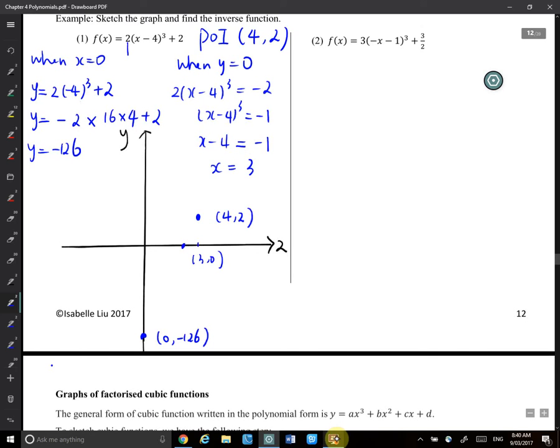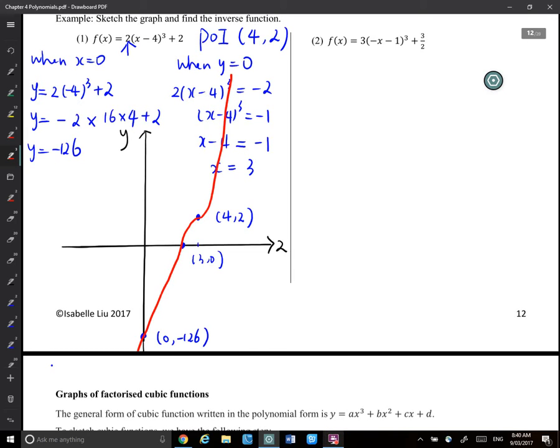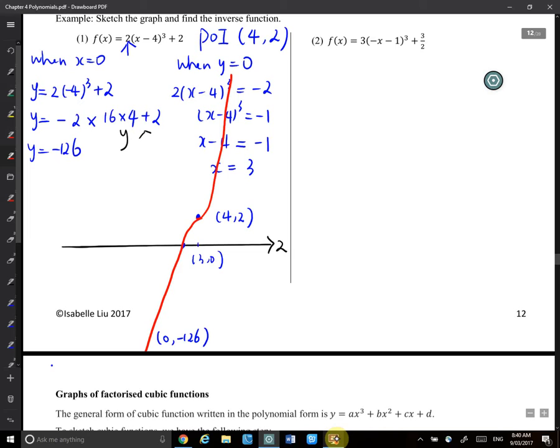The a value is positive, so I will have an increasing graph. Because it's not to scale, it's hard to sketch, something like that.